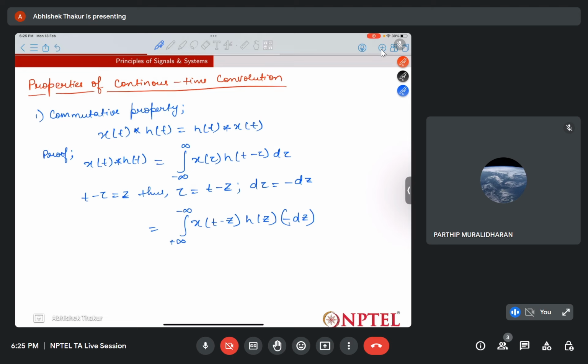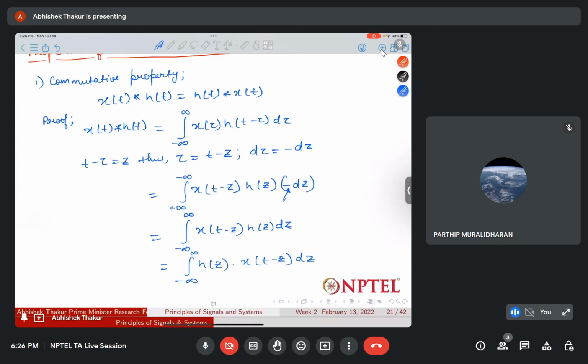Now you can see there is a minus sign. This minus sign can be removed when you flip the lower and upper limits. So it will be integral from minus infinity to plus infinity x(t minus z) h(z) dz, which can be written as h(z) into x(t minus z) dz.